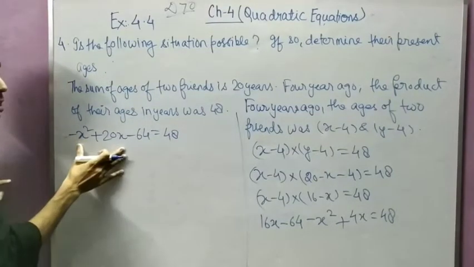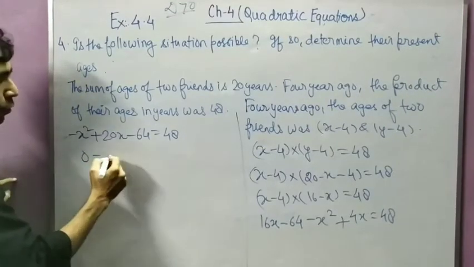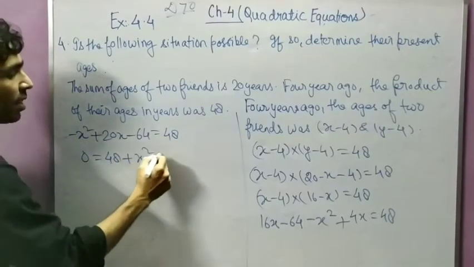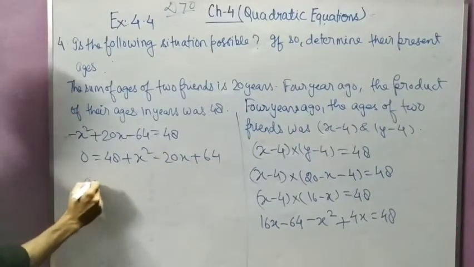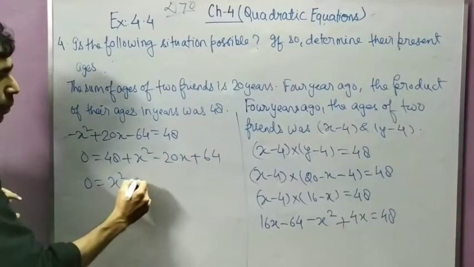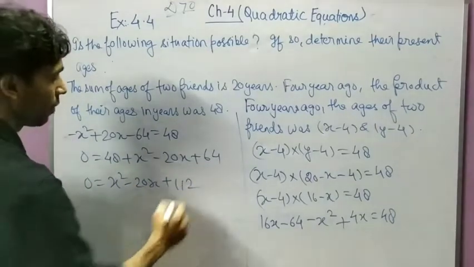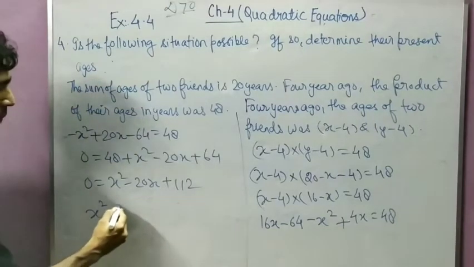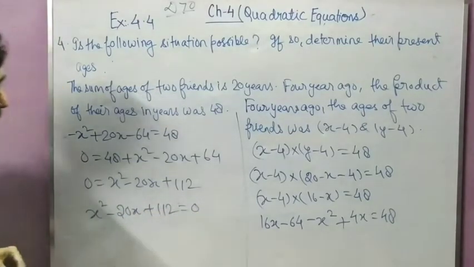So when we transfer from this side to that side, here will be 0 and here is 48, and all things will go this side. It will be plus x square minus 20x plus 64. So 0 equal to x square minus 20x plus 112. Now this can be written as x square minus 20x plus 112 equal to 0.